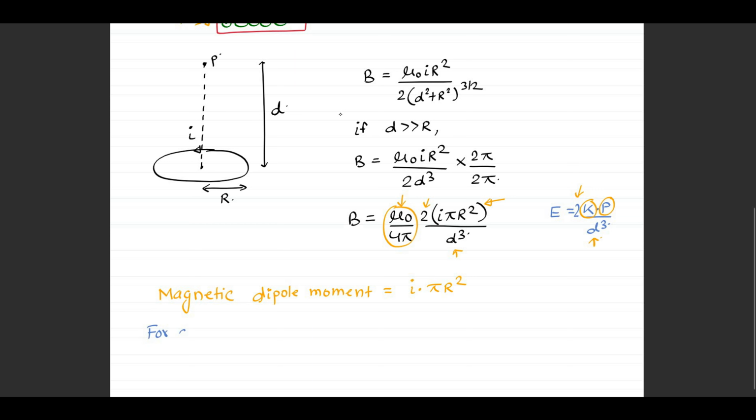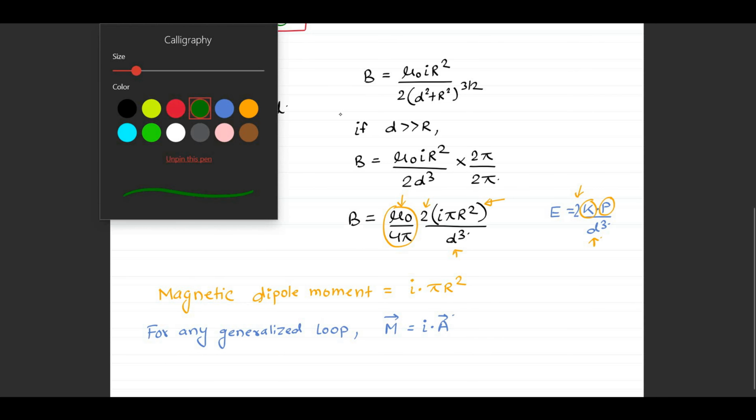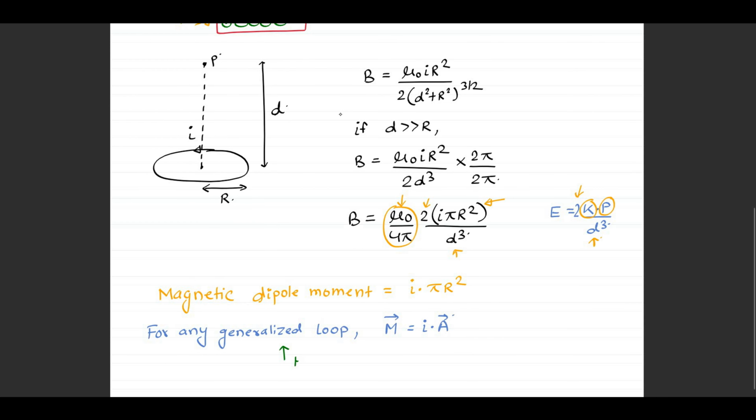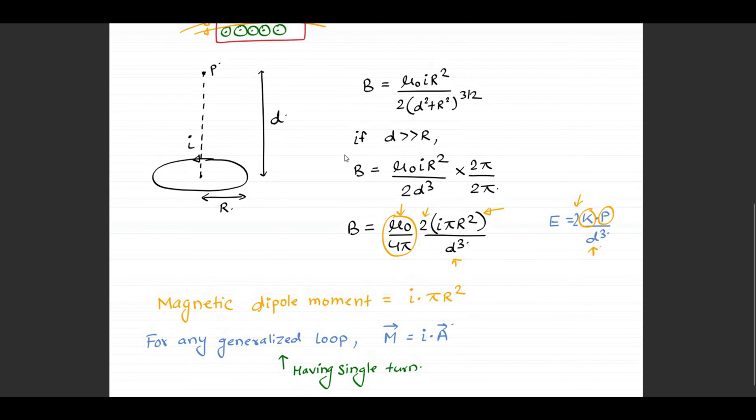For any generalized loop, this magnetic moment then can be written as I into A, and remember we are right now talking about having single turn. Right? You can note this term.